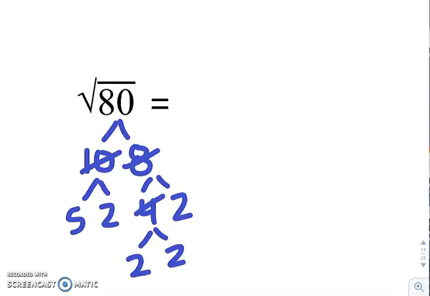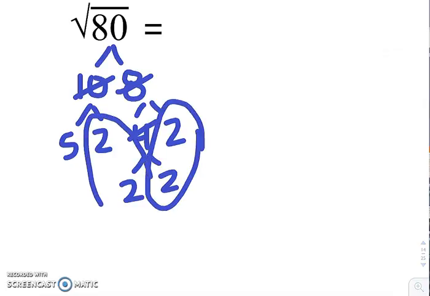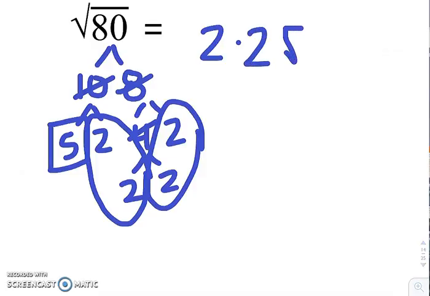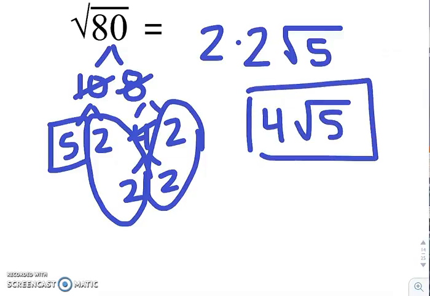We're only looking at the prime numbers at the end of the branches. So what do we have a pair of? And we're finding all the pairs because those represent perfect squares. So a pair, and this 5 is left. So each pair comes outside. The number left stays underneath. So 2 times 2 is 4 outside square root 5.